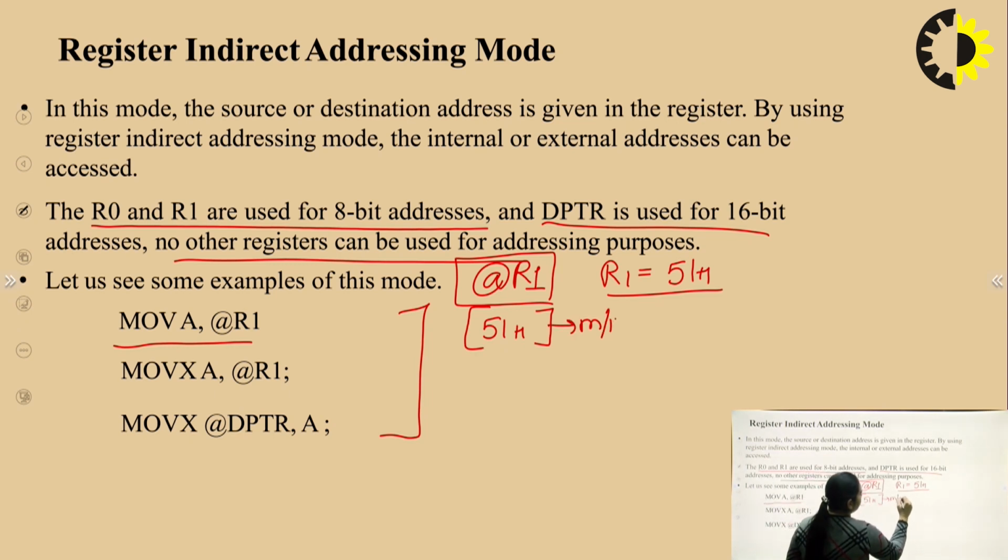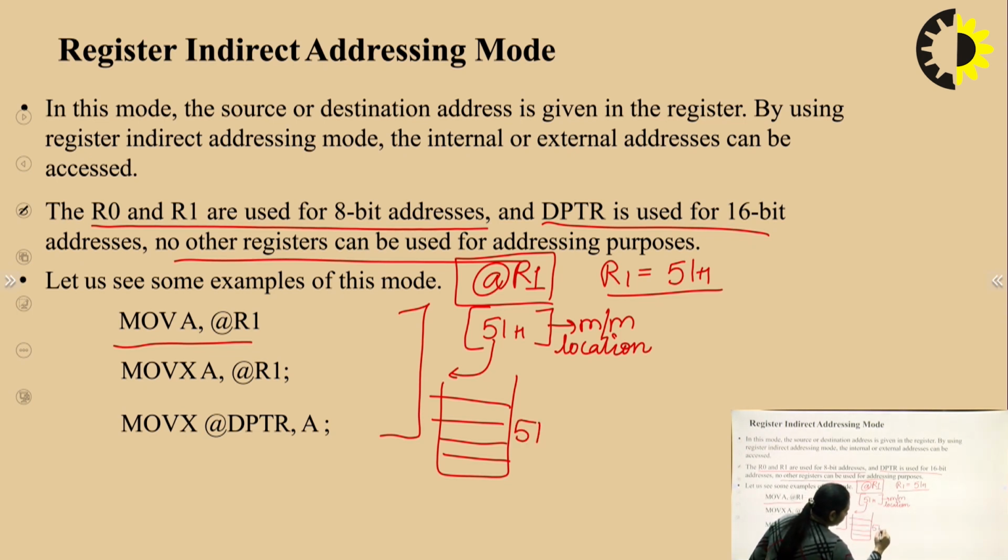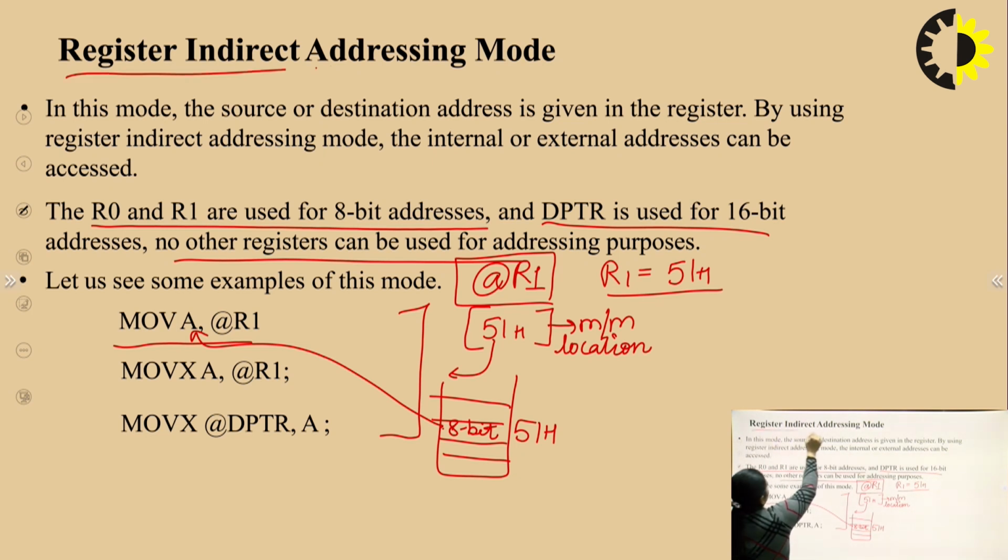When we look at this 51 in the memory, at this 51H there will be 8-bit data, and that 8-bit data will be copied to our accumulator. So that is why it is called the register indirect addressing mode. The address is indirectly given in the register.